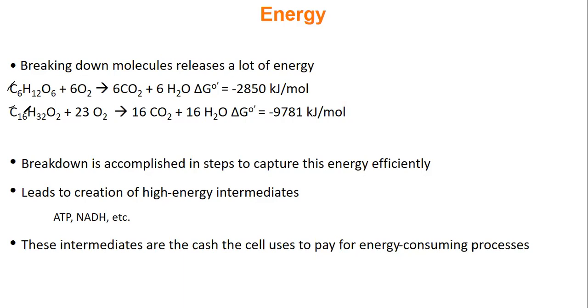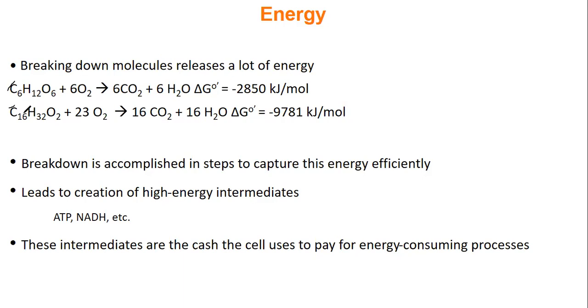Now, if we broke down these molecules in one step, we would release all that energy at once. And we don't want to do that. We need to harness this energy. We need to trap this energy so we can use it. So metabolism is the breakdown of these molecules in many steps, allowing us to capture this energy.